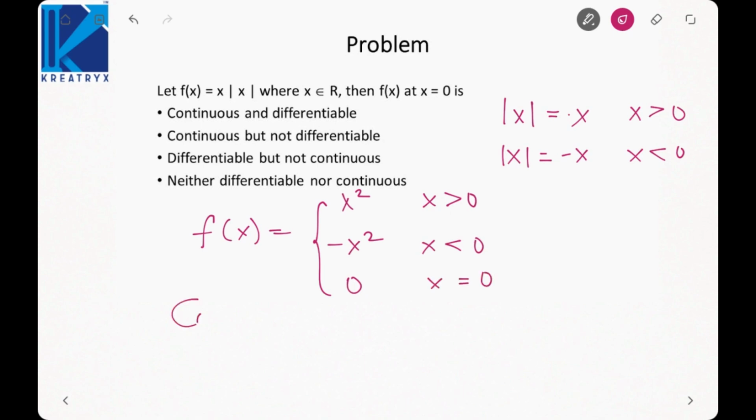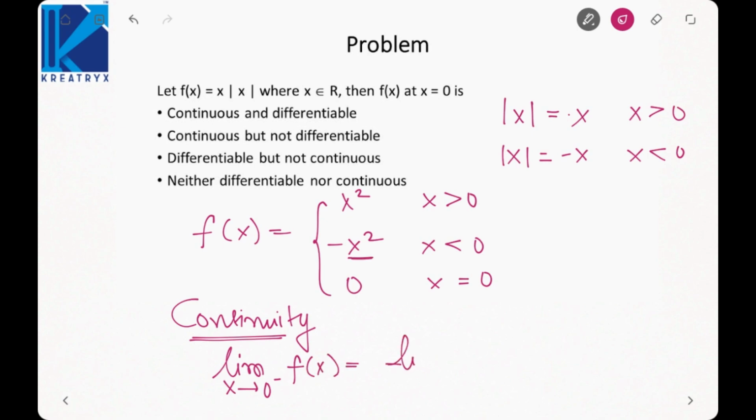Now let us first talk about continuity. For continuity I need to check the left hand limit and the right hand limit. So I will say limit x tending to 0 minus f(x). For x less than 0 we have the function minus x square. So it will be limit x tending to 0 minus of minus x square, that will be 0. What about the right hand limit? It will be limit x tending to 0 plus f(x).